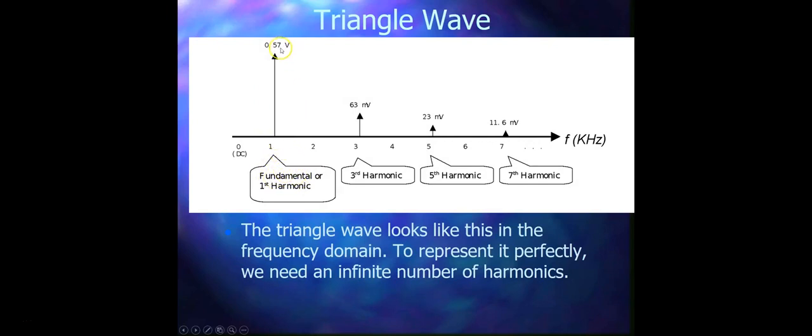It measures 0.57 volts, and this is called your first harmonic, and here we have the third harmonic, which measures 63 millivolts, and at the fifth harmonic it measures 23 millivolts. At the seventh harmonic it measures 11.6 millivolts. So this is what the triangle wave looks like in the frequency domain. To represent it perfectly, we need an infinite number of harmonics.